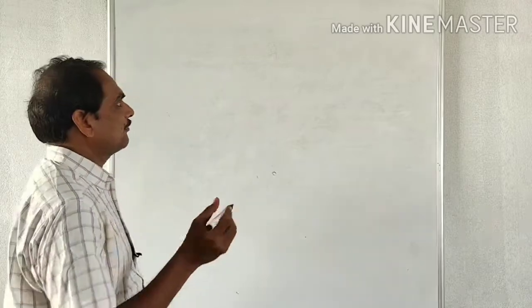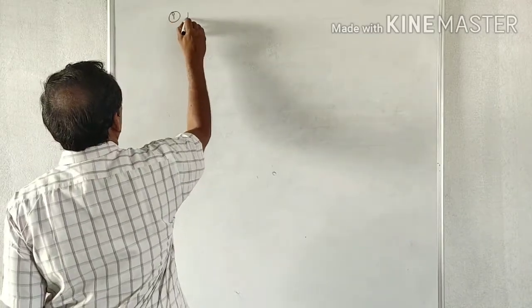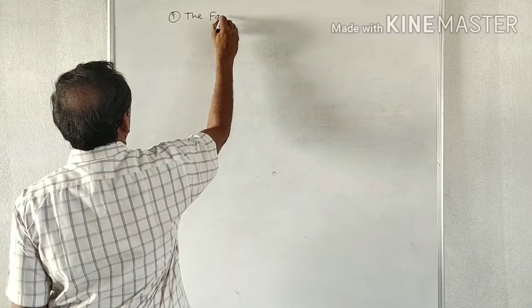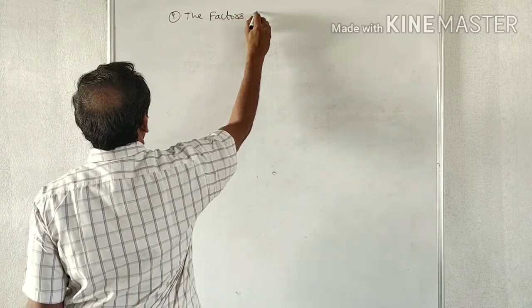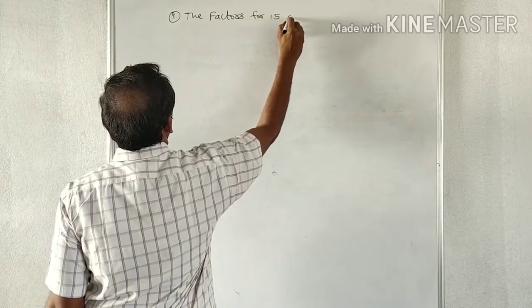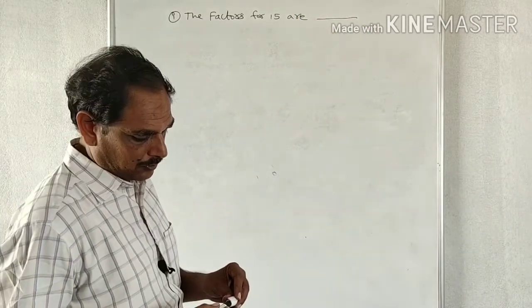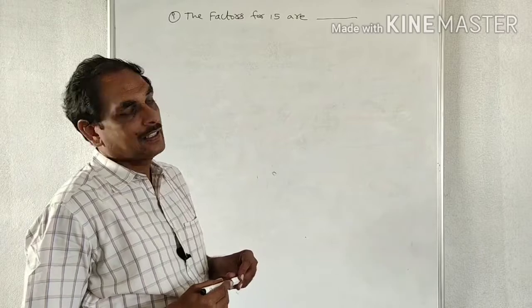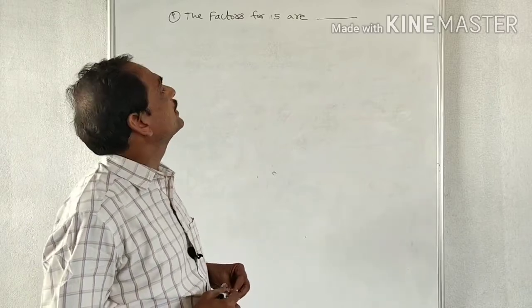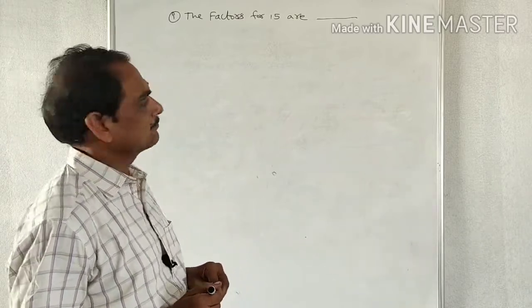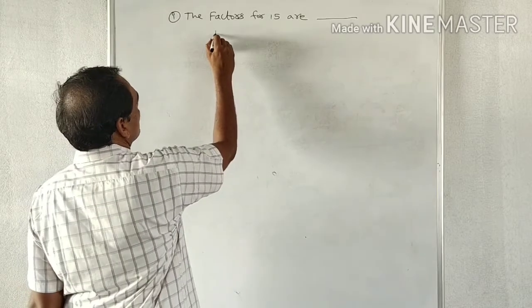Number one: the factors for 15 are dash. In this problem, we have to find the factors and write them in the blank.